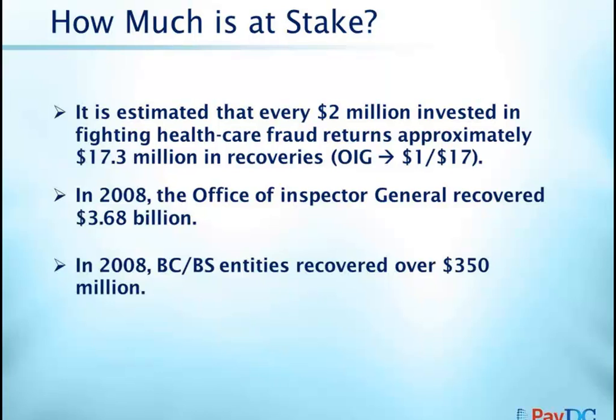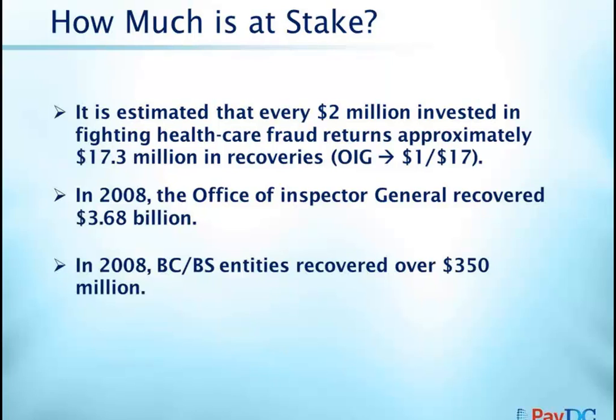In 2008, the OIG recovered $3.68 billion. It's said that they're going to be close to $9 billion this year. That remains to be seen, but the point is that it's huge amounts of money. And in 2008, Blue Cross Blue Shield recovered over $350 million, and they're going to be close to $1 billion this year.